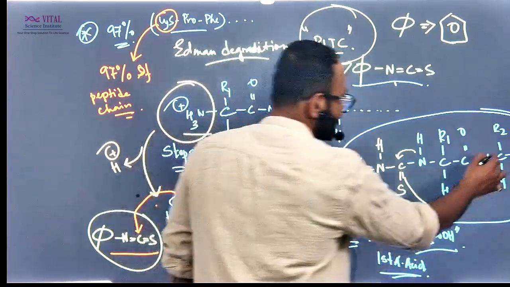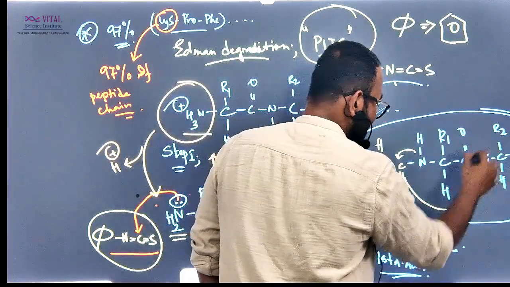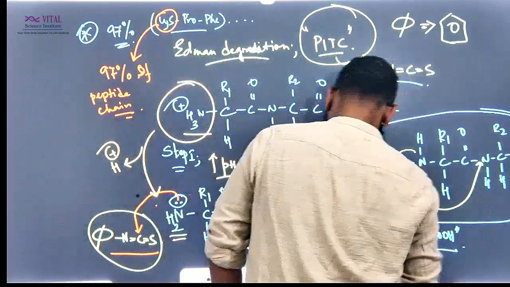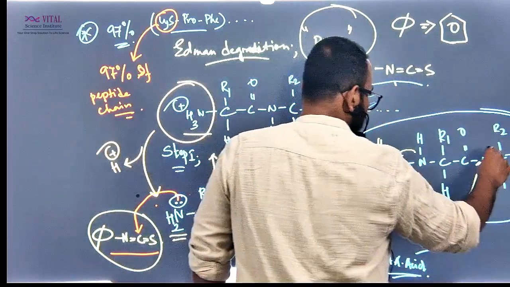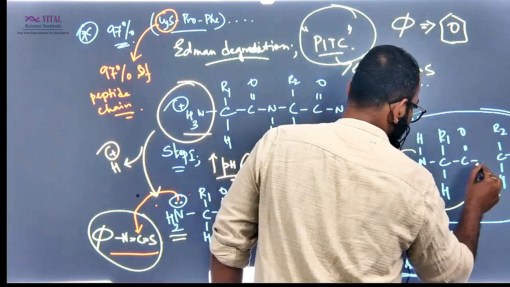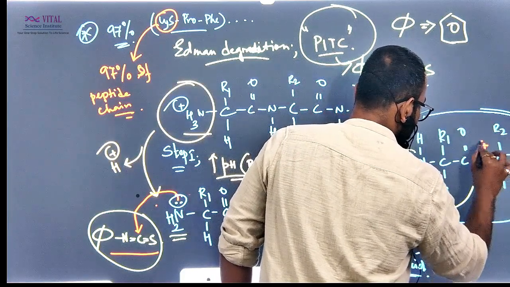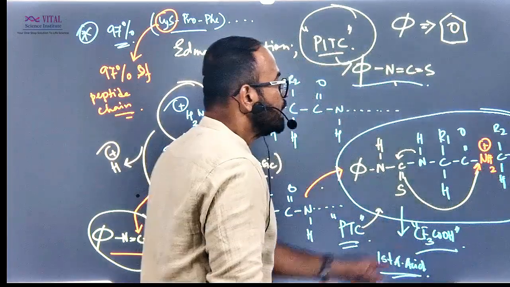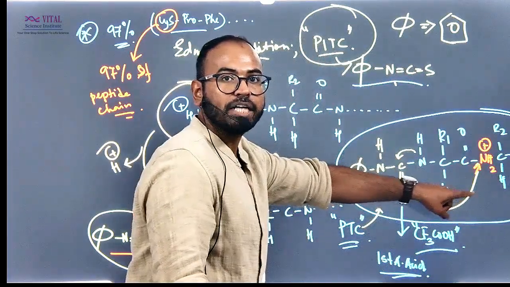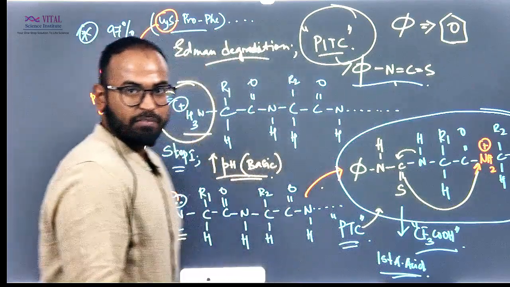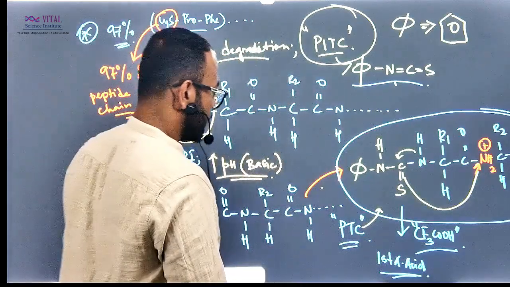As a result, this NH will transform from NH to NH2 plus, so there will be a partial positive charge over here.